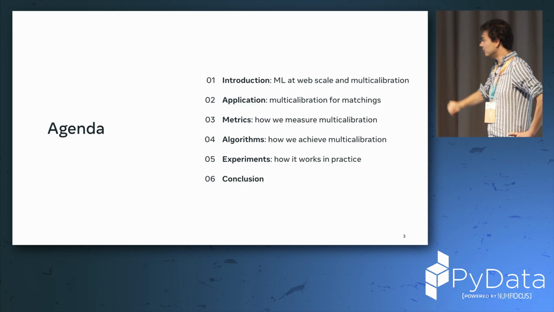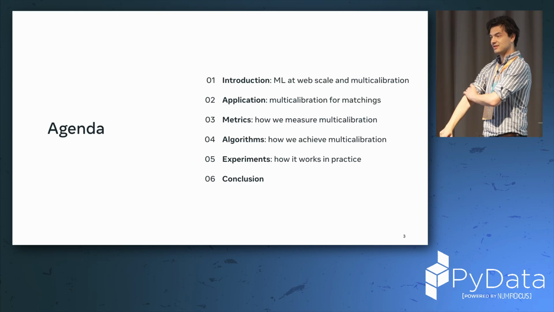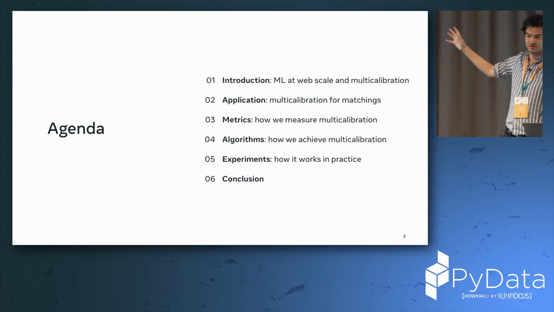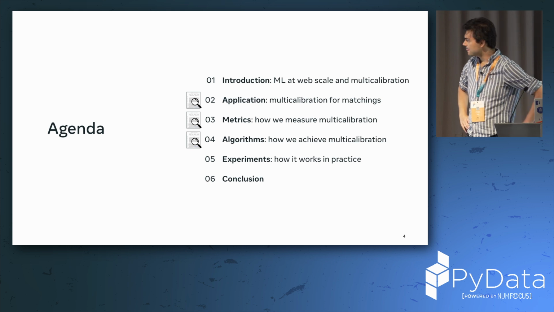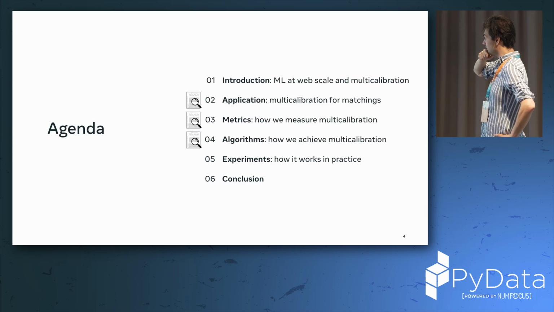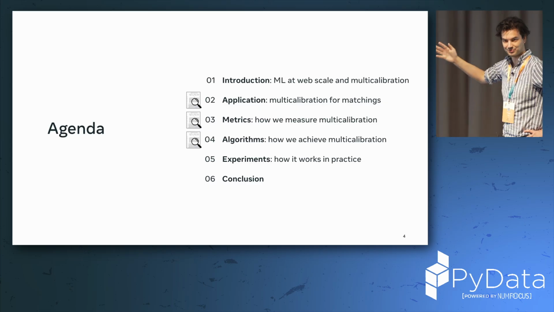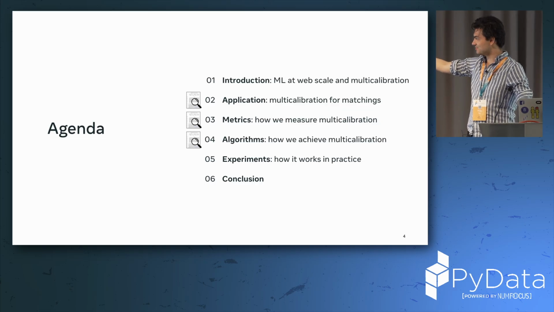Then we'll move on to what multi-calibration actually is, and how it is relevant and useful, and needed, in machine learning production systems that are used live. That's the application side. Then we'll move into metrics: we'll talk about what multi-calibration is, but how do we measure whether we actually achieved it, and how can we achieve it. That's the algorithm side.